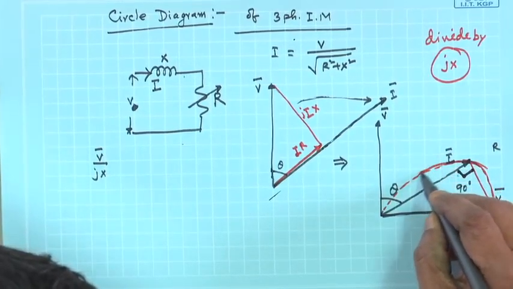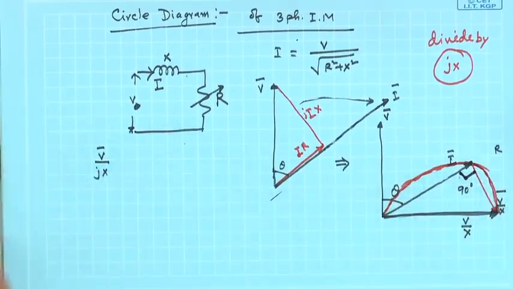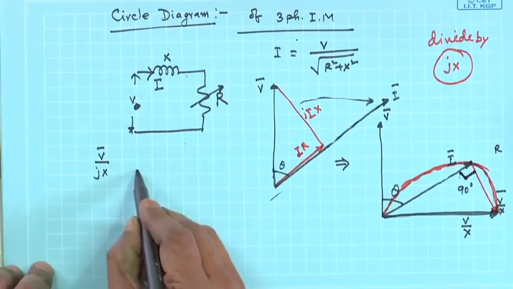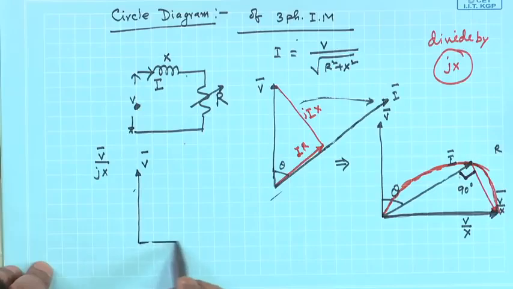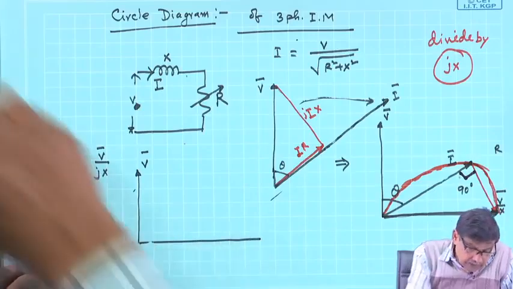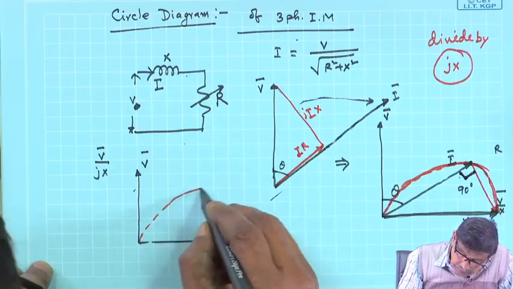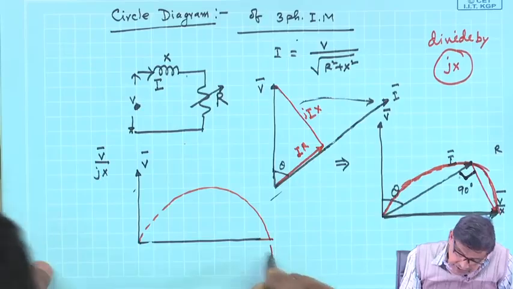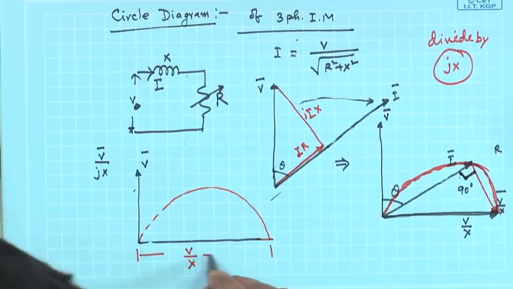I think it is badly drawn, but I think you have got the idea. If I draw it nicely, it will be like this. This is your supply voltage, and this is the circle. Draw the circle first and tell that this is V by x, this length.